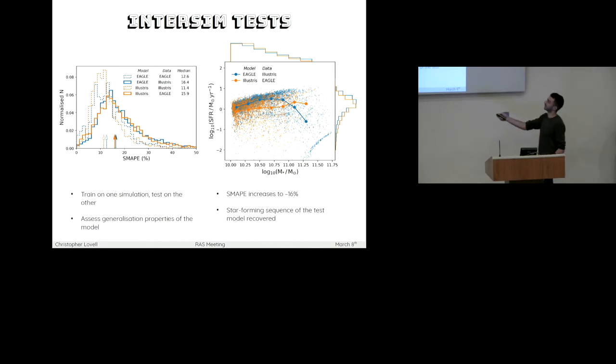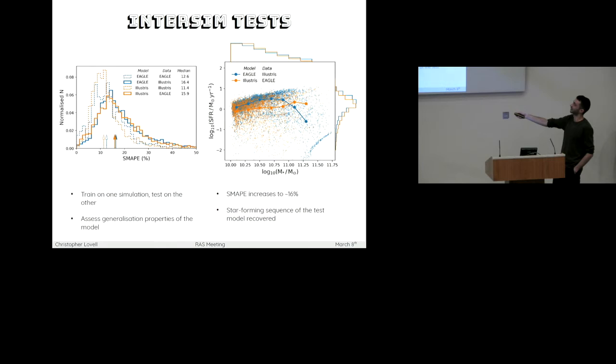Yeah. So we do see an increase of about 4%. The SMAPE gives you a percentage error across all bins. So you can think of it as if you were to predict a flat star formation history of, say, 10 solar masses per year across all of those bins, so 10% plus or minus 1 around that.